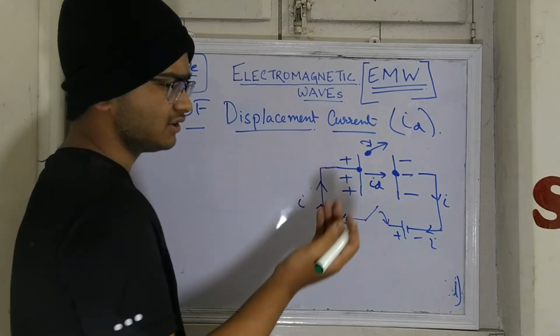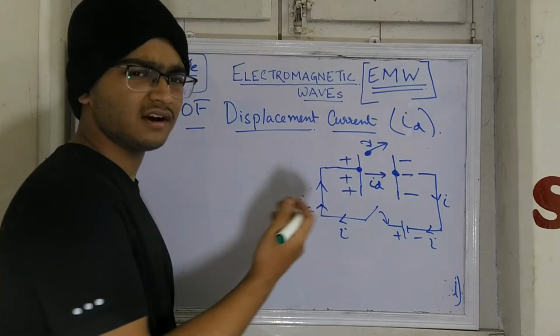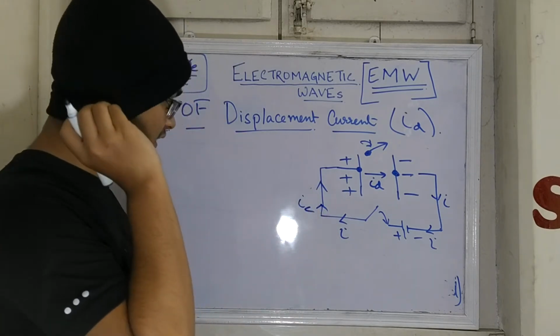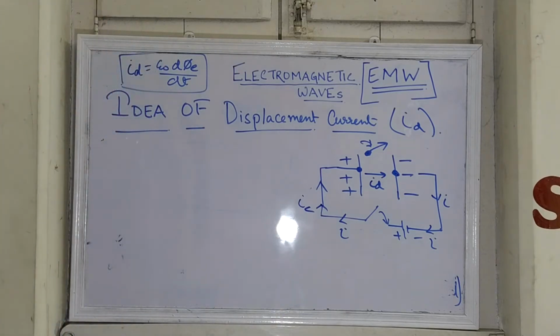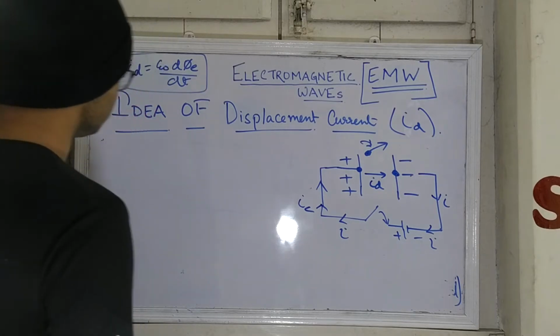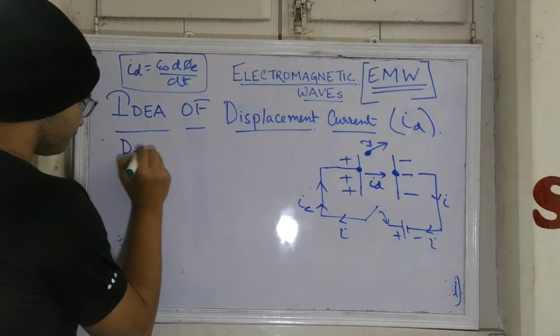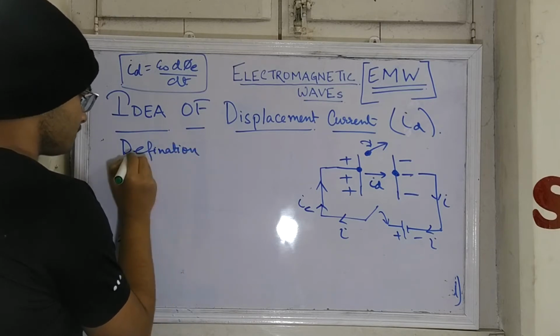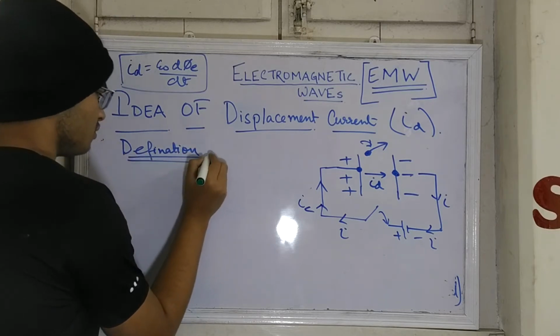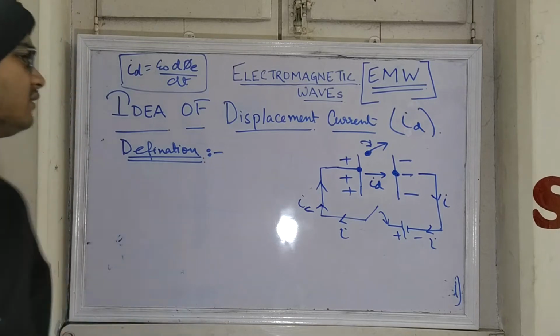Let me assume that this is IC, meaning the current through the conducting wire. Now this ID is different from this IC. We will now come to the definition of displacement current. What is displacement current after all?